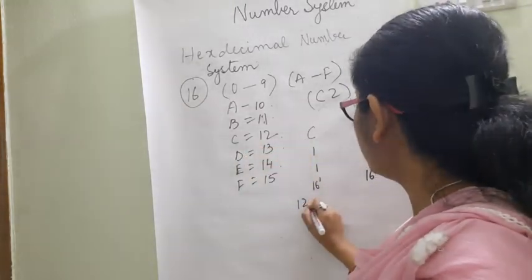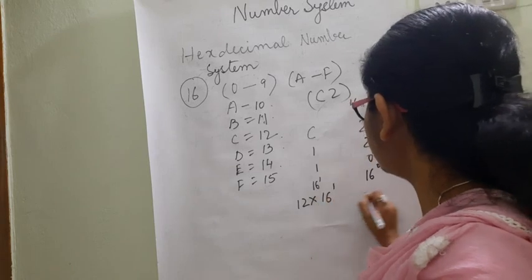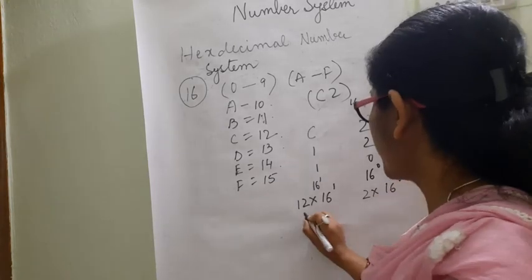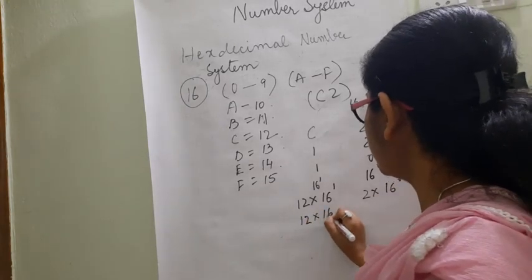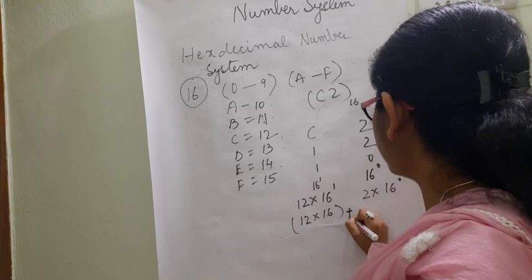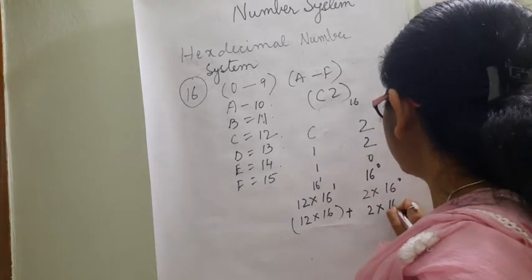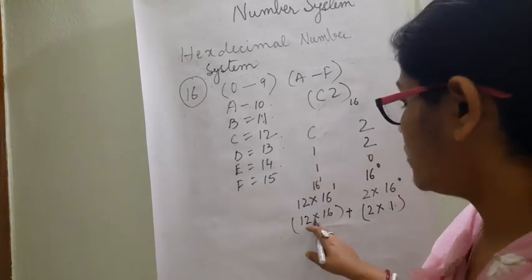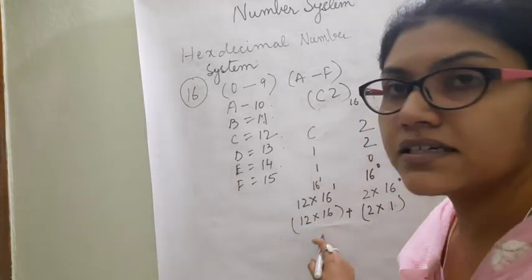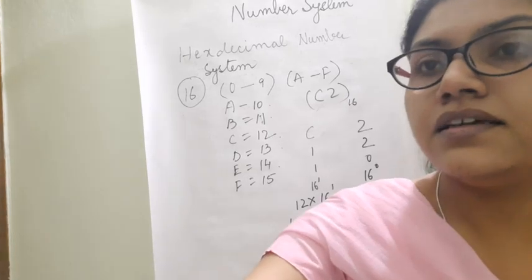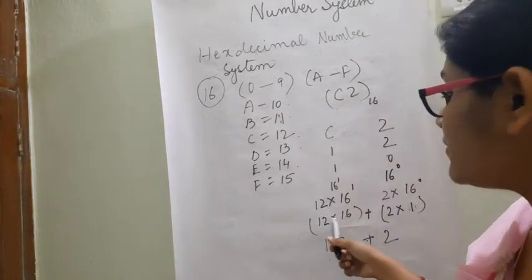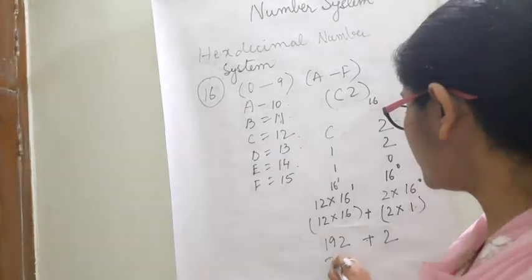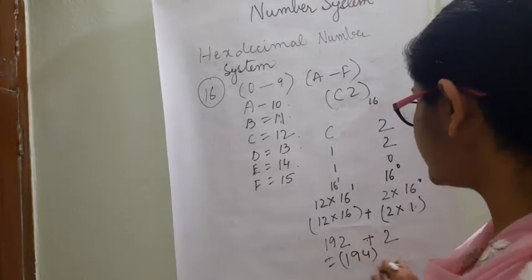So 12 into 16 to the power 1, plus 2 into 16 to the power 0, which is 1. The value of 12 into 16 is 192, plus 2. The value will be 194 base 10.